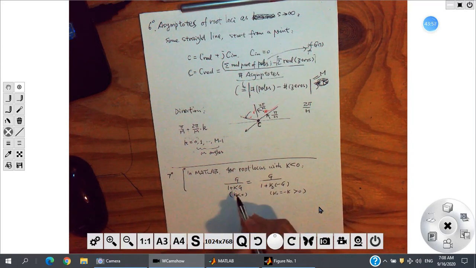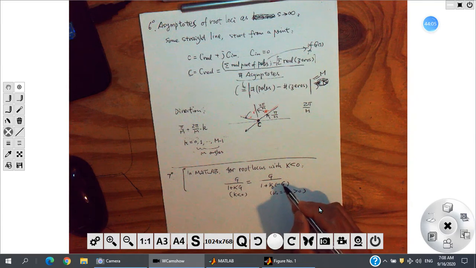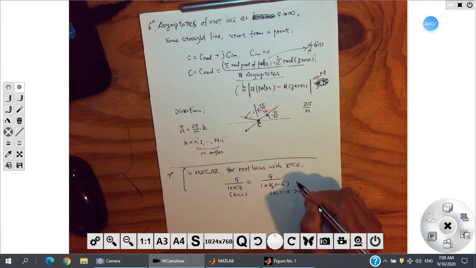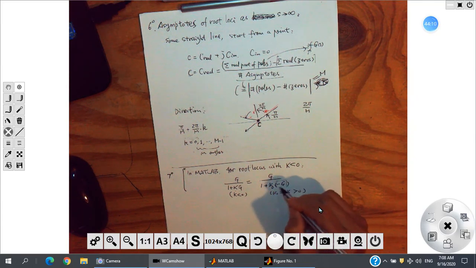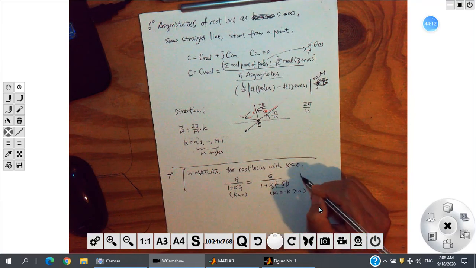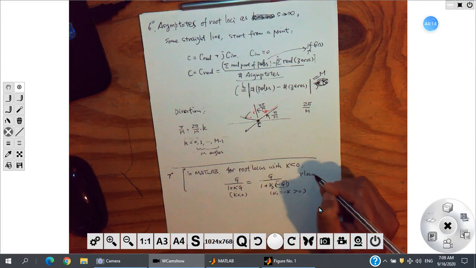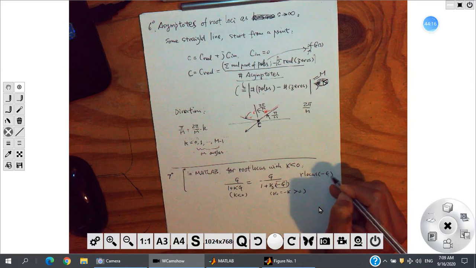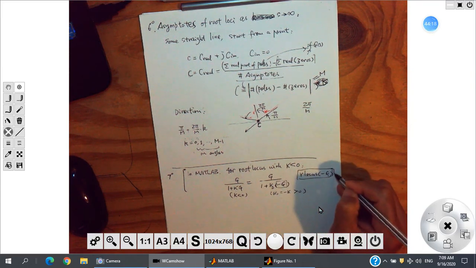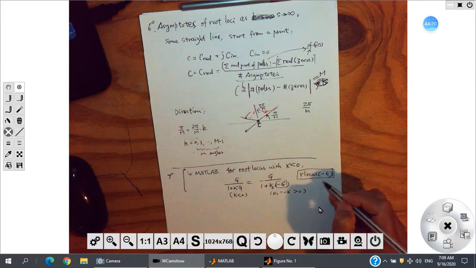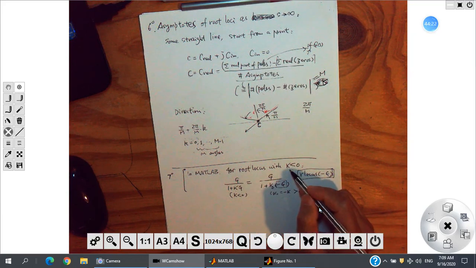So this is a negative value, right? I use negative k. This will be a positive value, but I move the negative to g. So you just consider negative g. You run this, and you will have the root locus for the negative case.